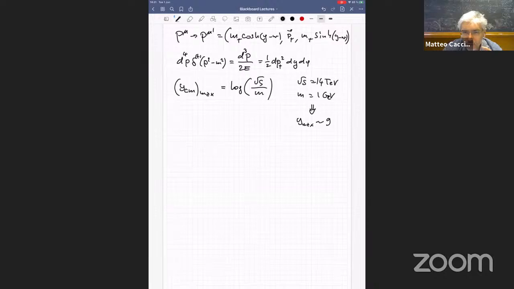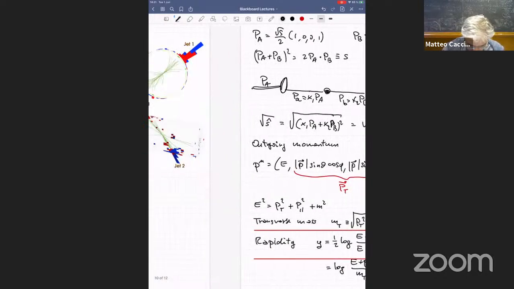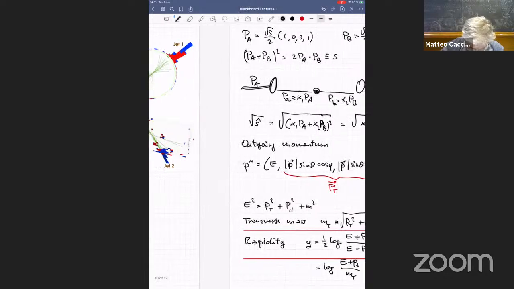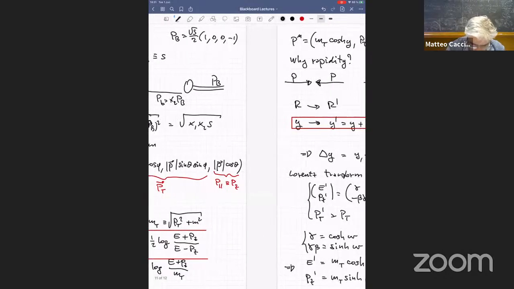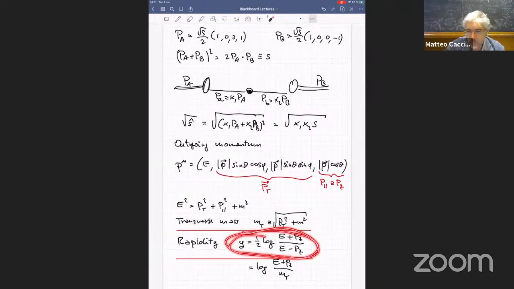This rapidity is a purely kinematical variable. If I go back to the definition, you see that this is something defined simply in terms of energy and momenta.